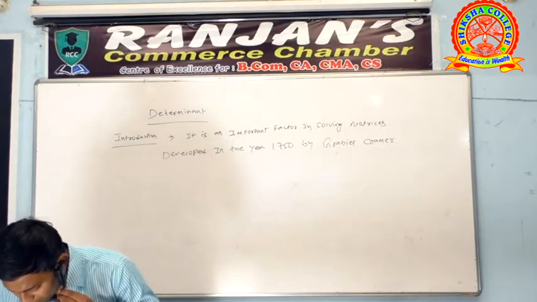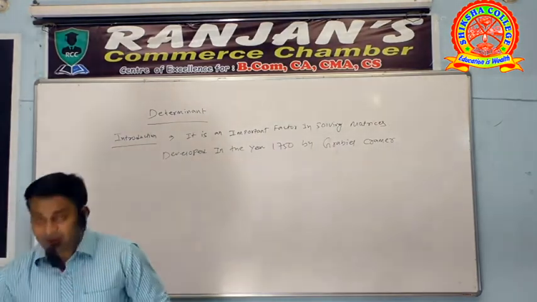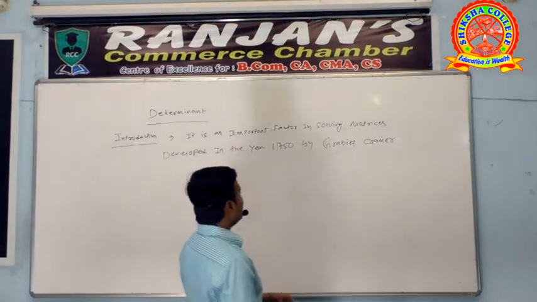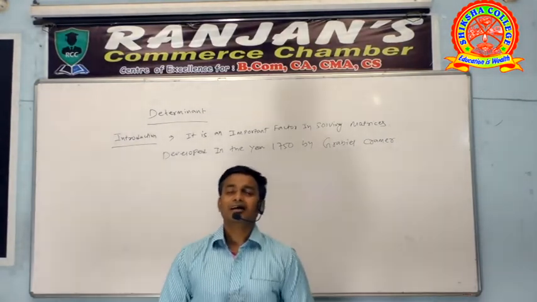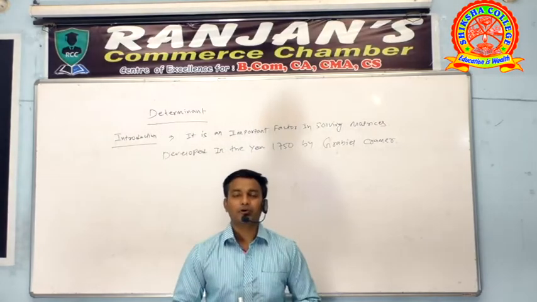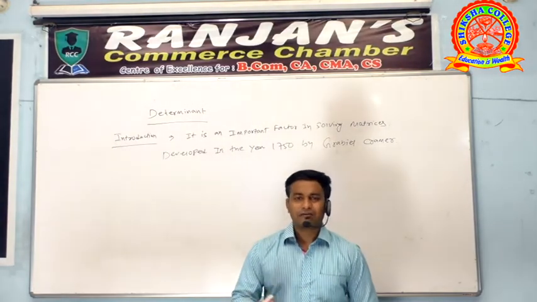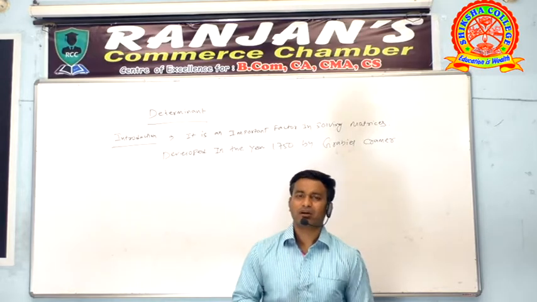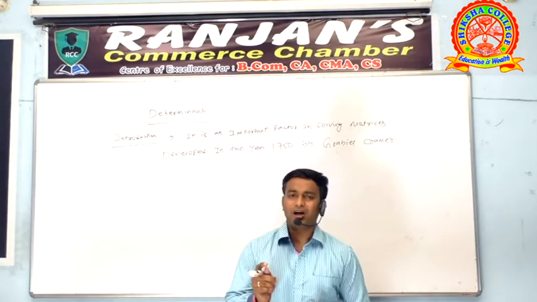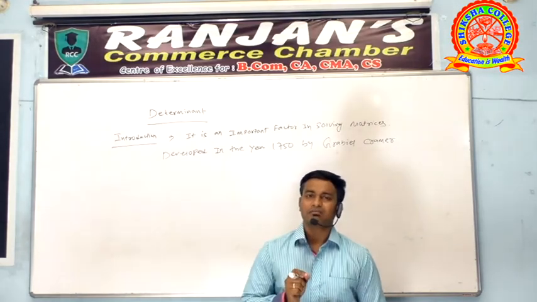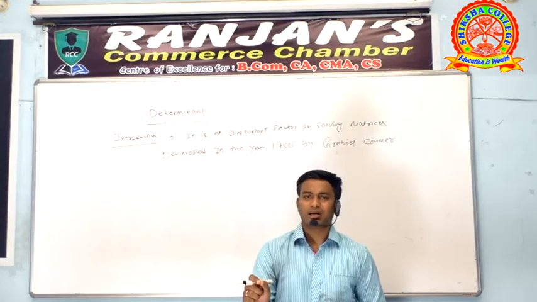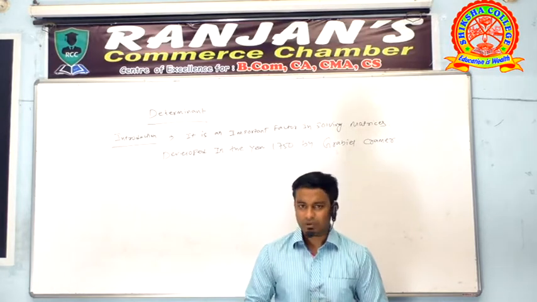So that is a brief introduction about determinant, because as I already told you, for each and every factor, whatever we study, whatever we learn, first of all we need to know the origin of that particular factor and the person behind that origination.